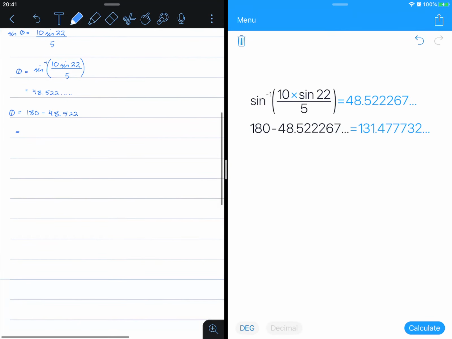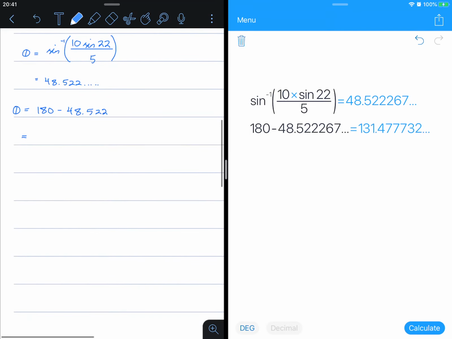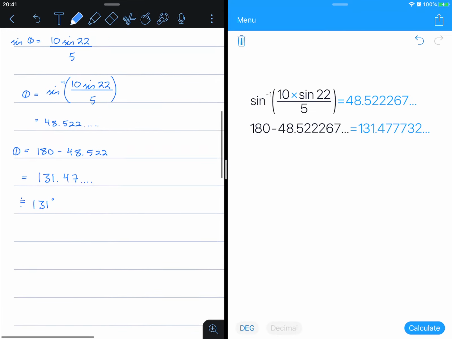This gives us 131.47, which to the nearest whole degree is 131 degrees.